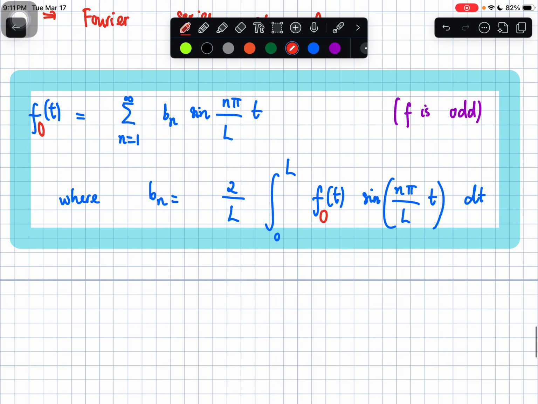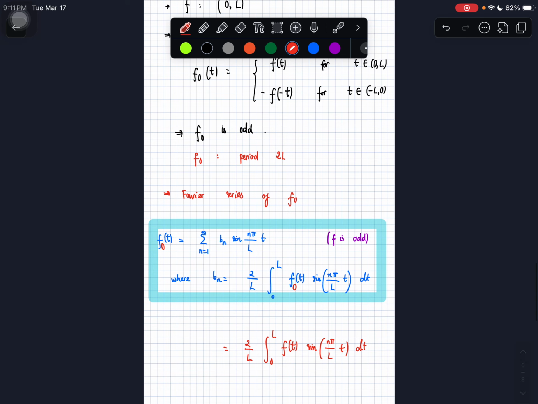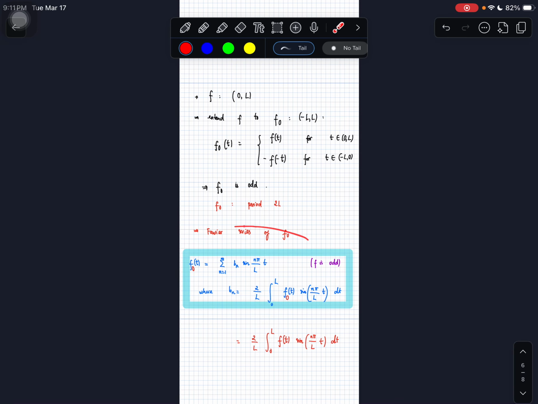In this case, f odd on the interval 0 to L is the same as f of t by our definition, so the coefficient is the integral of f of t times sine of n pi t over L dt. And we call this one the Fourier sine series of f.